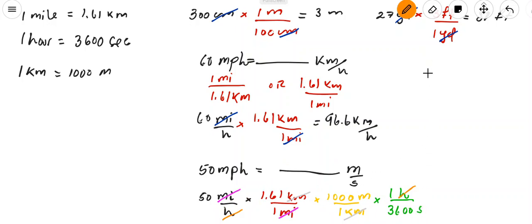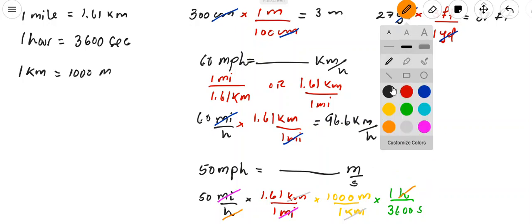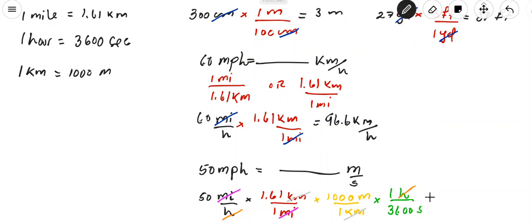So let me make the multiplication. I will multiply 50 times 1.61 times 1000 divided by 3600, and this is equal to 22.36 meters per second.